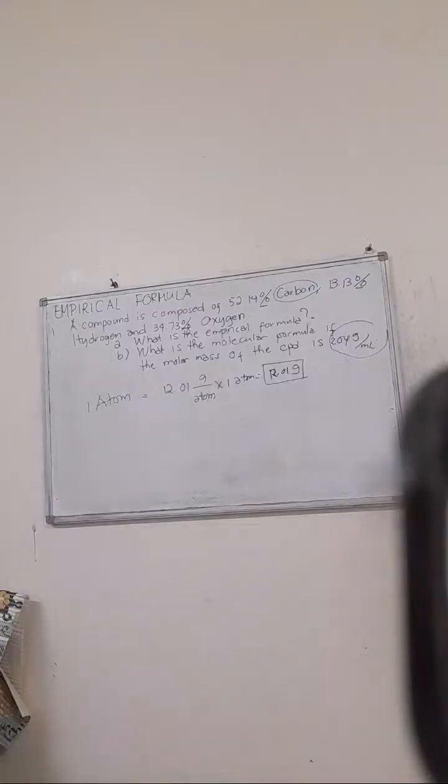In problem solving we are dealing with grams or masses unless otherwise specified. If it is mentioned in the problem that there is a volume in liters, then you use percentage by volume. But in this case, nothing, so you automatically understand that it is mass percent, or percentage by mass.